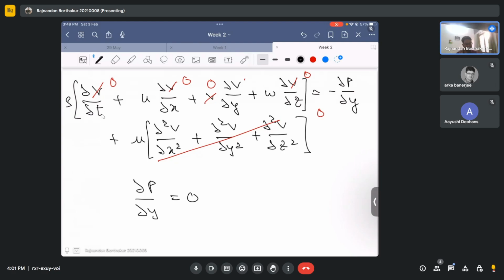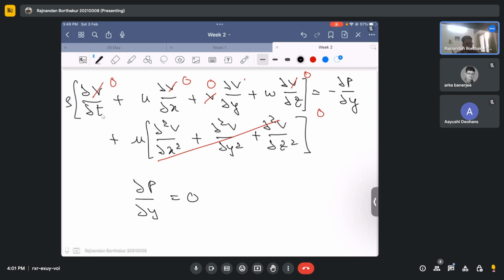This signifies that the pressure, at least in a 1D flow, does not vary in the y direction. This is obvious because had there been any pressure gradient in the cross flow direction, the fluid would also move in the cross direction, which means our assumption that the flow is 1D would be invalid.